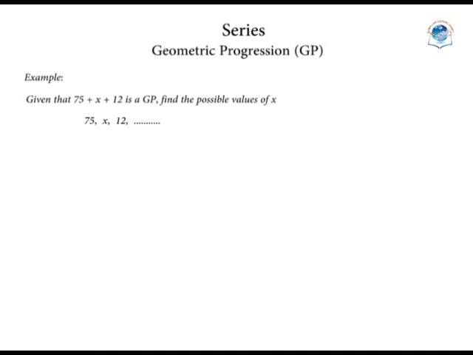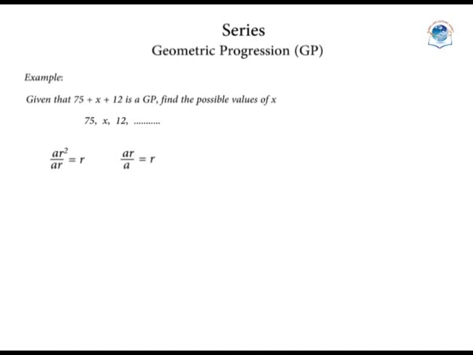In a GP, the second term divided by the first term should be equal to the third term over the second term, and both of them are equal to R. And so we can say AR, that is the second term, over A, the first term, is equal to R. Also, AR squared, the third term, over AR, the second term, is equal to R, the common ratio.